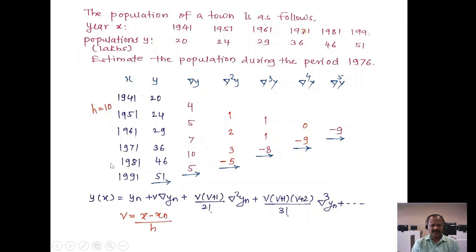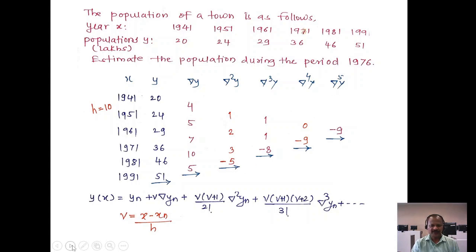So this is called equal intervals. After finding all these values, you can put them in this equation. The formula we have to write up to delta raised to 5, since the last value of minus 9 is for delta raised to 5 y.